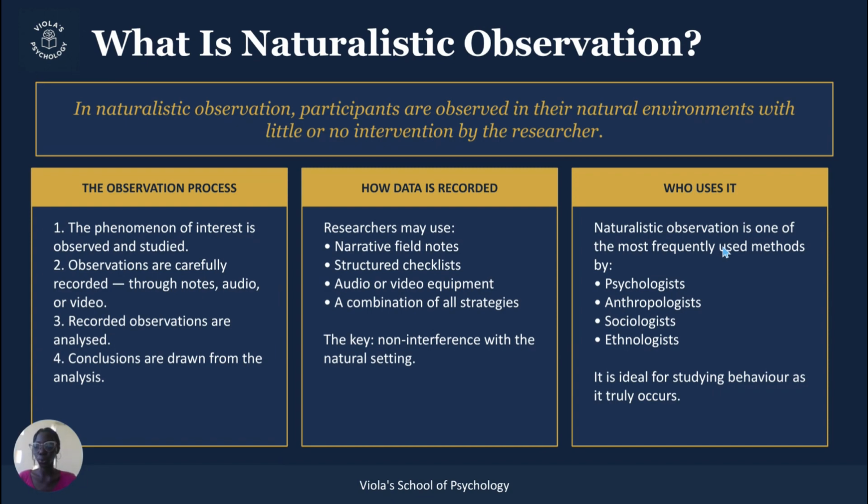This method is widely used not just by psychologists but by anthropologists, sociologists, and even ethnologists. Whenever the goal is to understand behavior as it actually occurs in its authentic form, in its natural state, naturalistic observation is the tool to use.